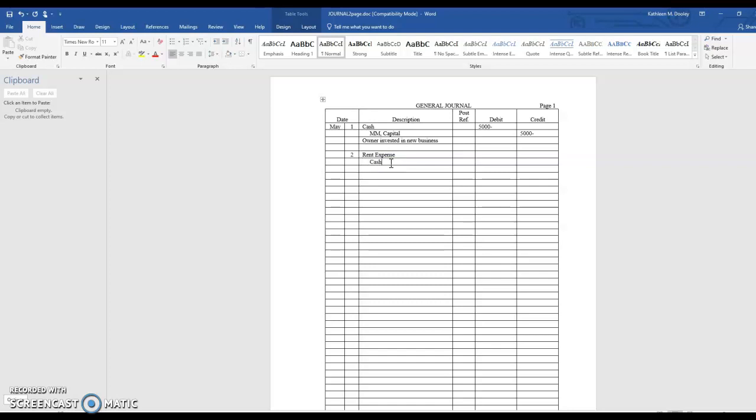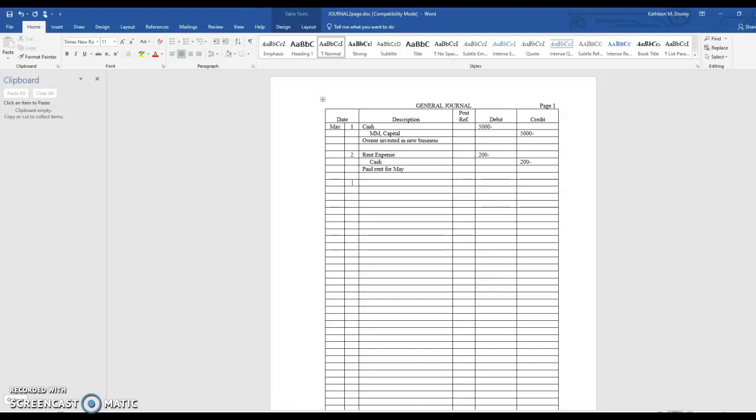Cash is the credit, so it's second and indented. That's for $200. And our explanation, rent for May.